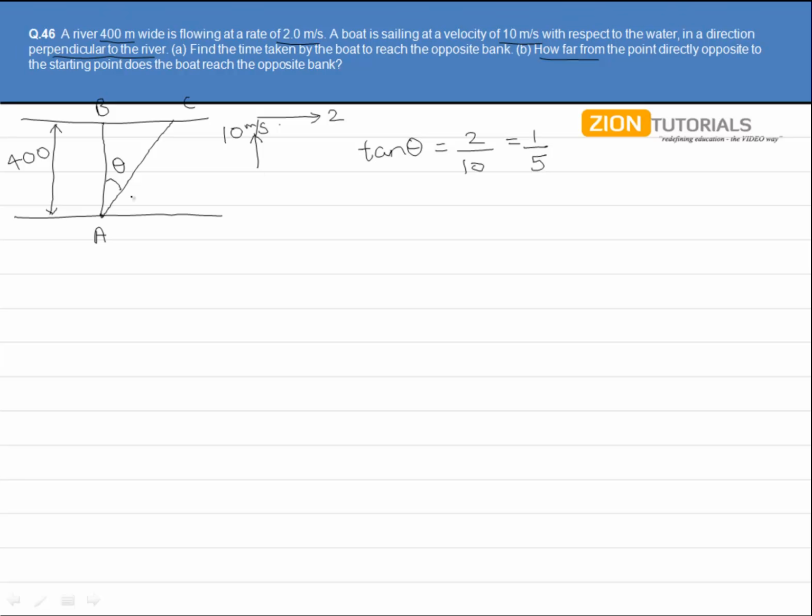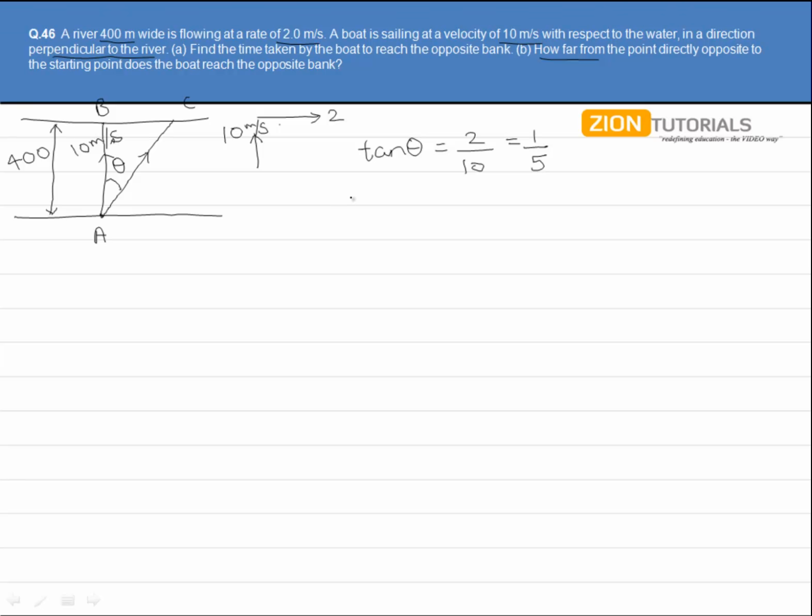Now, moving ahead, we can say that though it has a resultant velocity in the direction AC, actually the velocity component along AB will be responsible for letting it cross the river, which equals 10 meters per second.